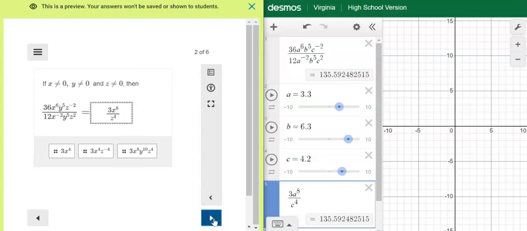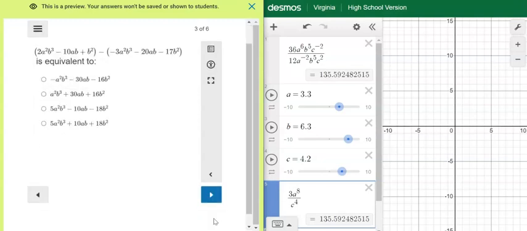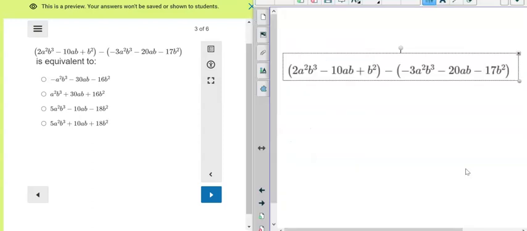Okay, this one, it says here, let me write it down real quick. So for this one, we're going to combine the like terms for this polynomial expression. So we can see that a squared b cubed is like terms with this.